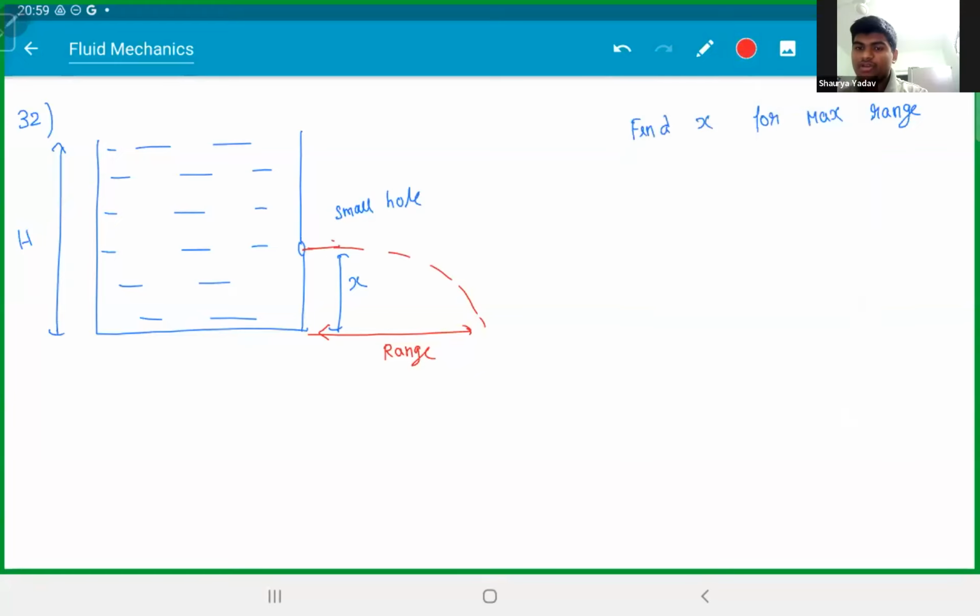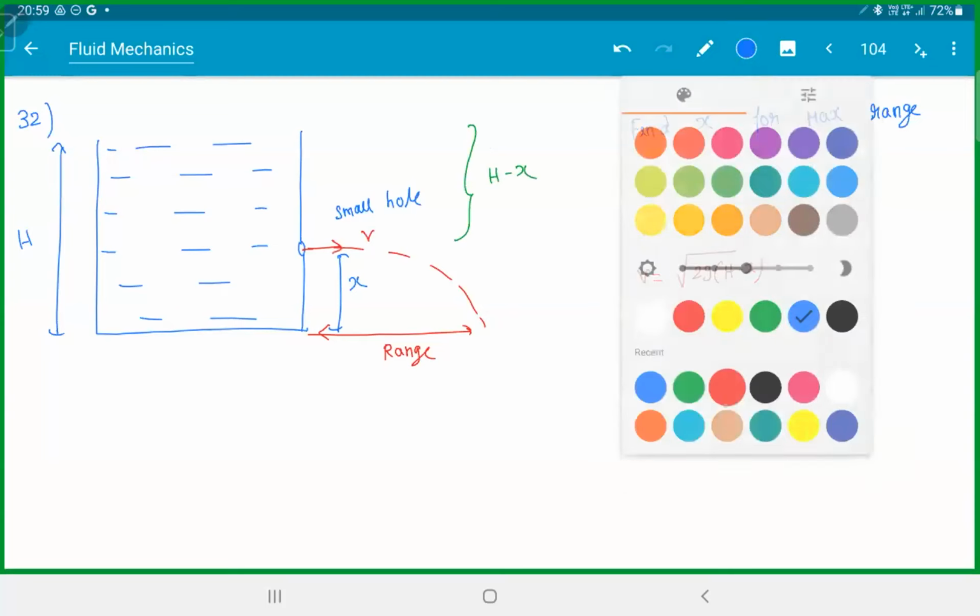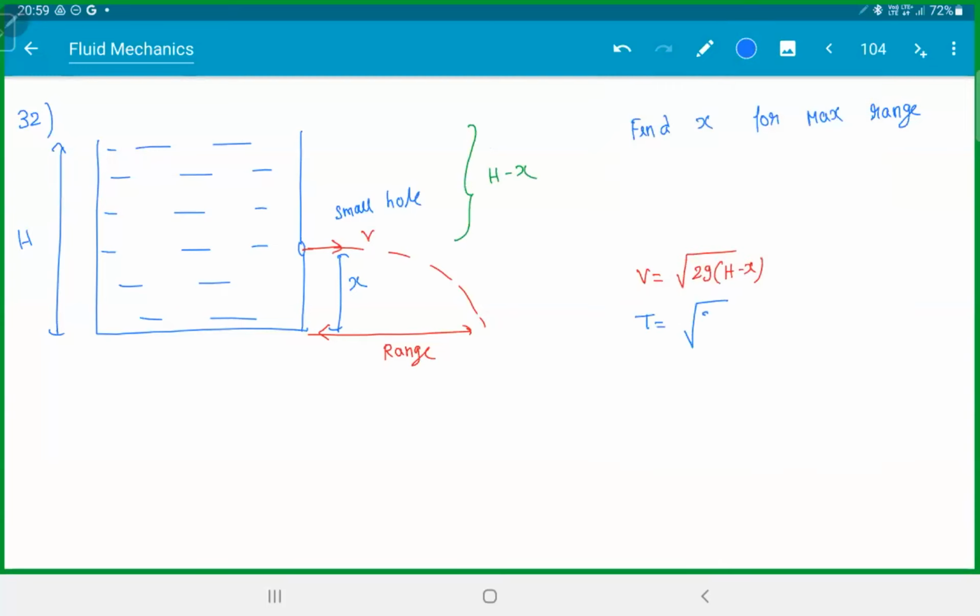Under root 2gh. So velocity will be root 2gh, where h is the height below the liquid surface. Be careful. So you should take this height here as h minus x. What is the time of flight? Root 2x by g. Remember, it's like a body thrown from a building horizontally, root 2h by g. So what is range?